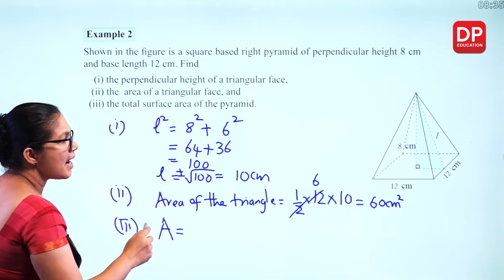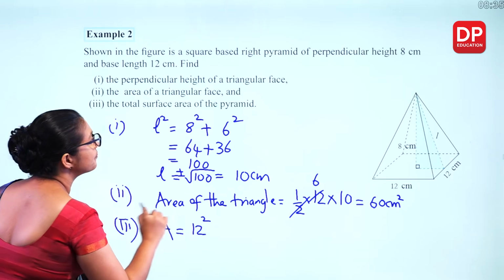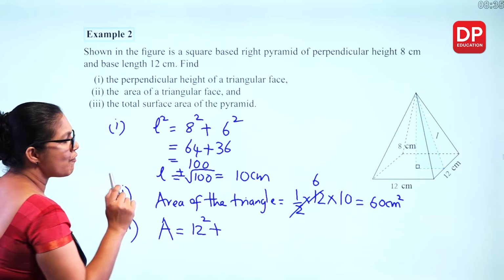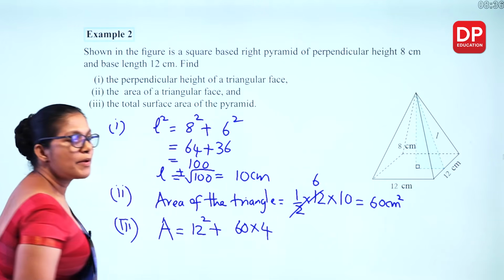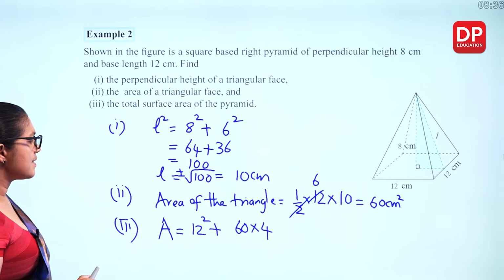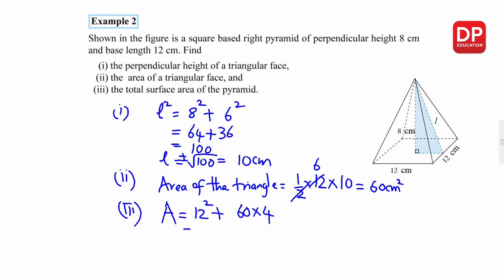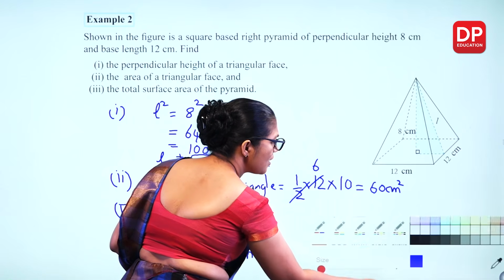You know base area is 12 times 12, and area of one triangle is 60. So 60 times 4, because there are 4 triangles in the pyramid. So 12 squared is 144. 60 times 4, 240. When you add these two together, you get 384 square centimeters.